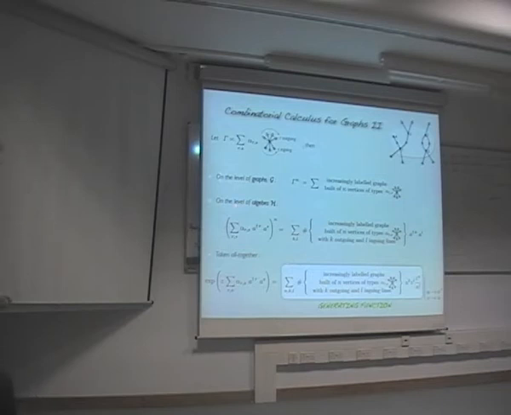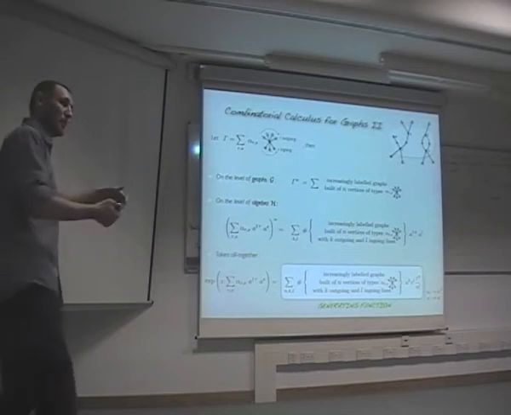So on the level of graphs, if I take gamma to the n, that would mean that I would have to sum over all increasingly labeled graphs built of n vertices. So I need to have n compositions, built of n vertices of these types defined here.